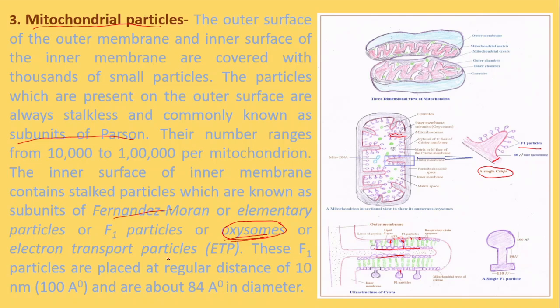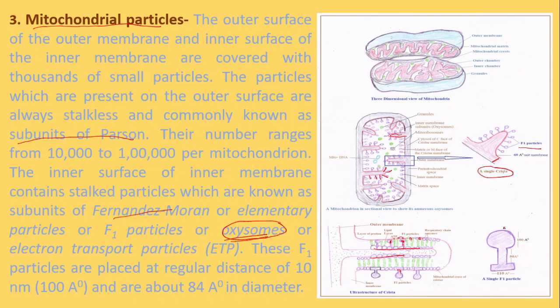These F1 particles are placed at a regular distance of 10 nanometer, that is 100 angstrom, and are about 84 angstrom in diameter. So you can see all these different particles, about 10 nanometer apart from each other.